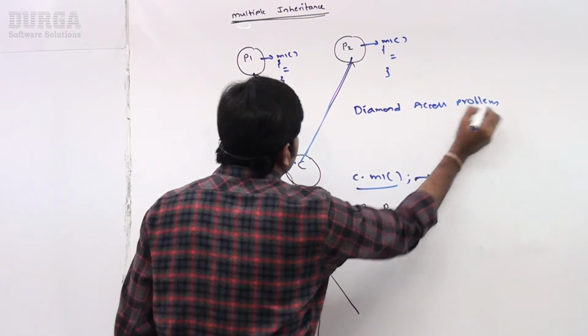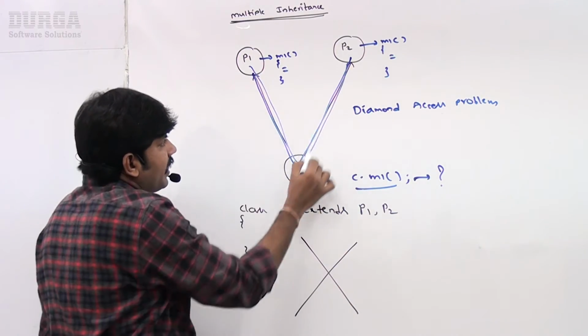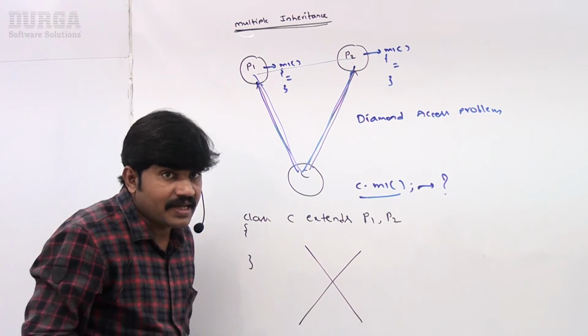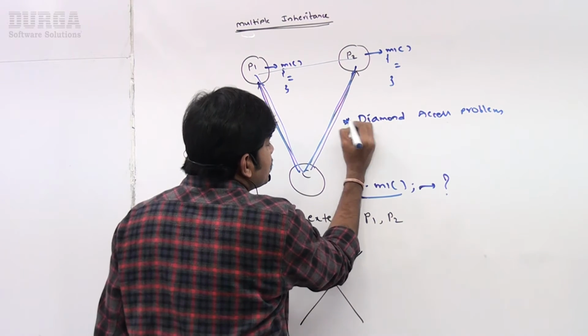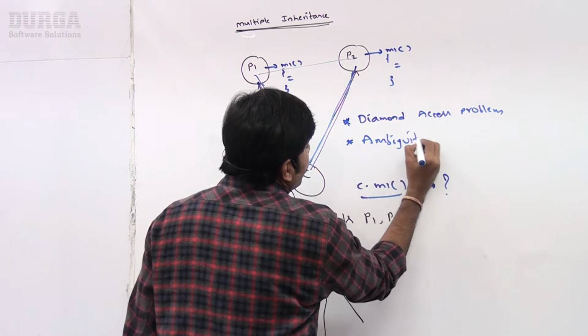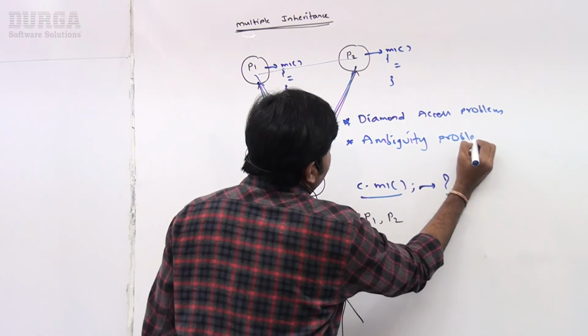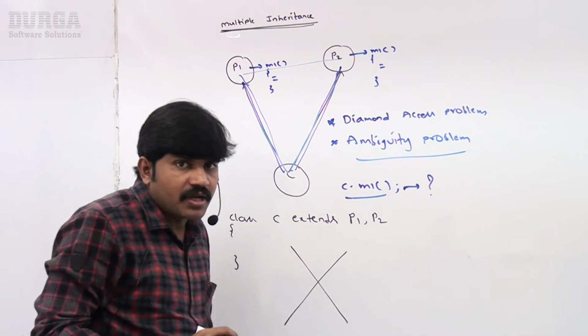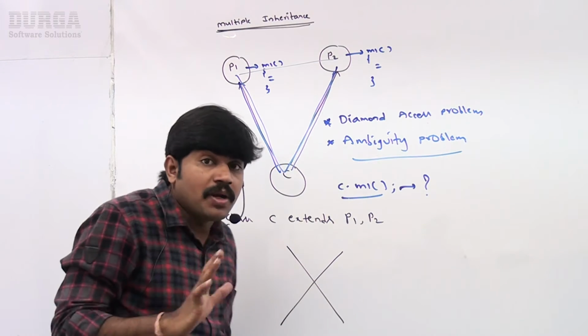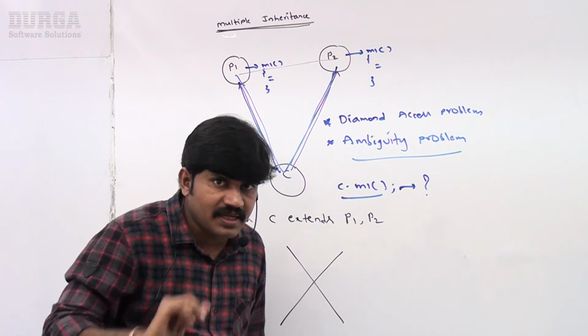Some people may use the word diamond problem, something like a diamond style. Or some people may use the word ambiguity problem. Are you getting it? So, because of this problem, Java won't provide support for multiple inheritance. Is it clear for all of you, right?